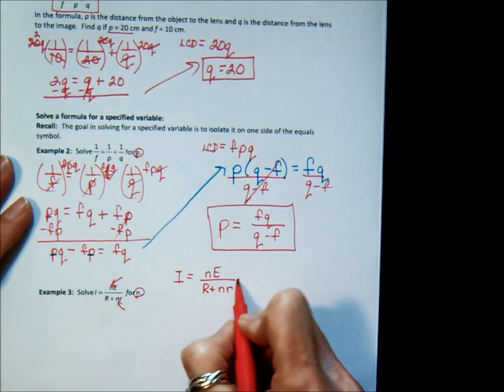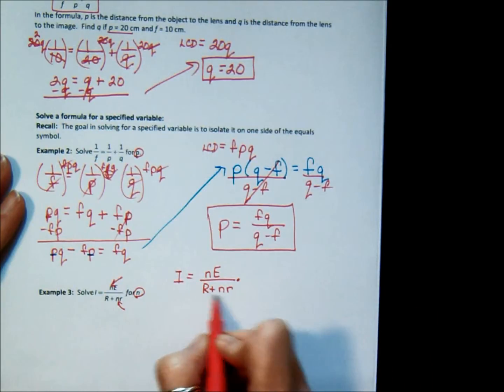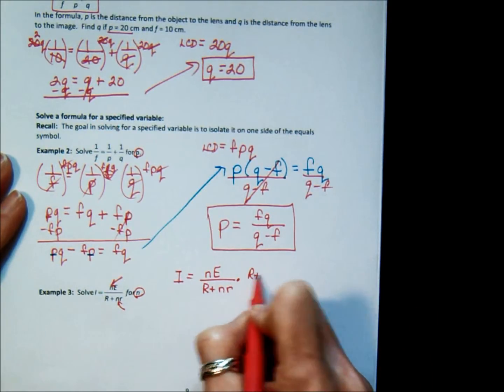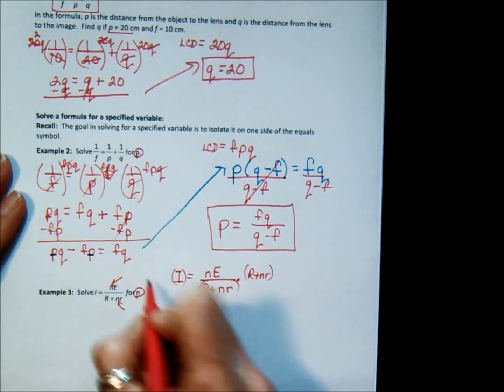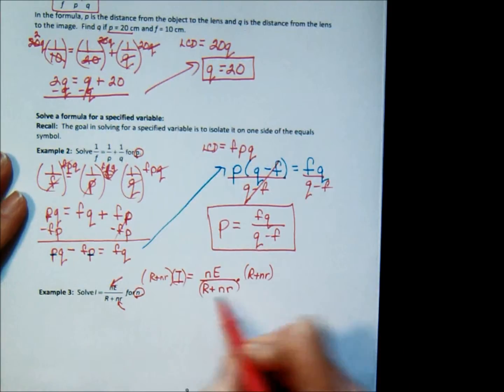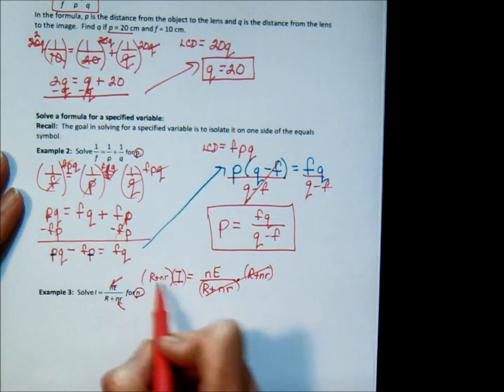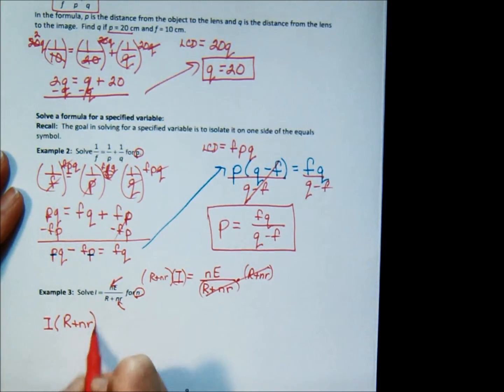So the first thing I'm going to do is multiply by the LCD. Well, there's only one denominator, so that has to be my LCD. But I multiply by that on both sides. This cross cancels. I'm left with I times r plus n little r equals nE.